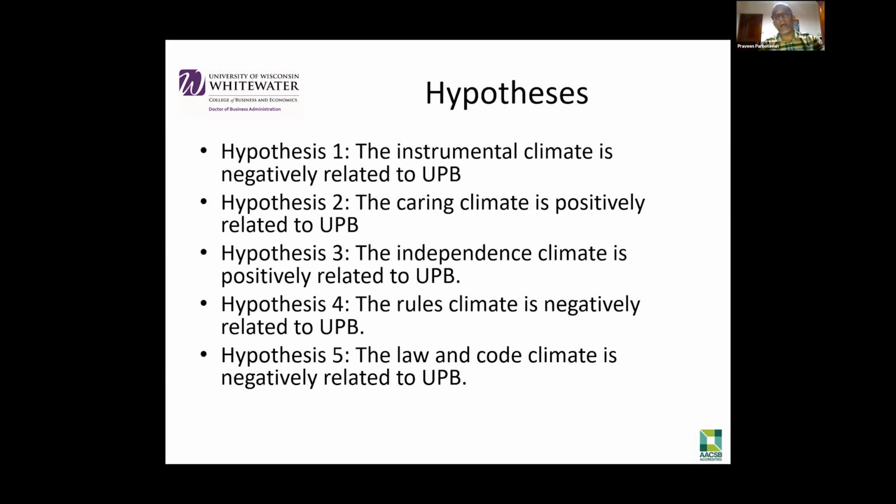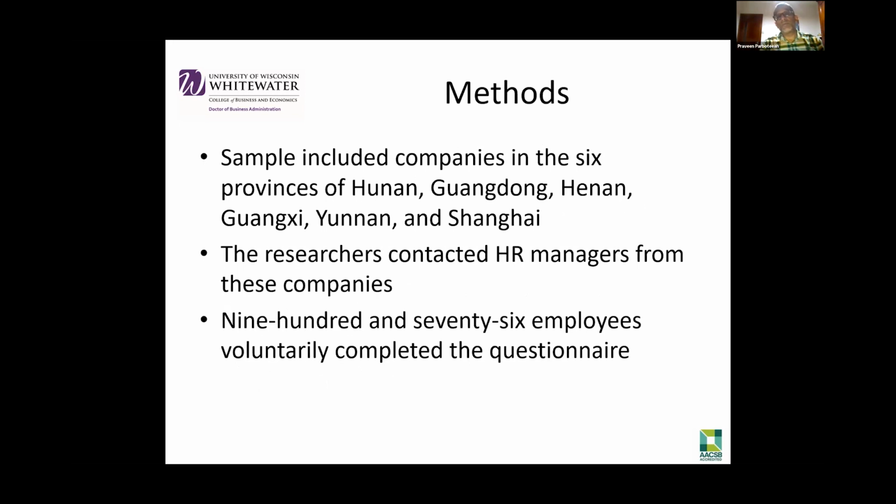If you have an independence or rules climate and so on, as you can see, we have different hypotheses here. My co-author, Silan Wang, who is mentioned on the paper, is in China and he was able to get 976 employees from many companies in 6 provinces.